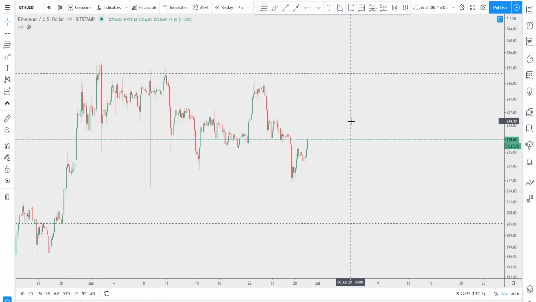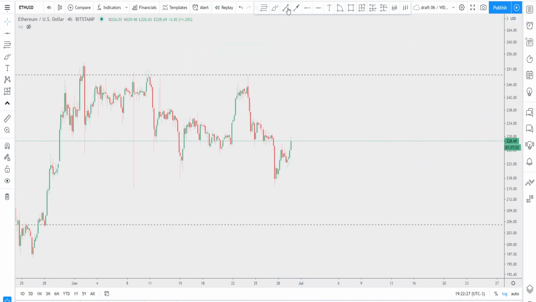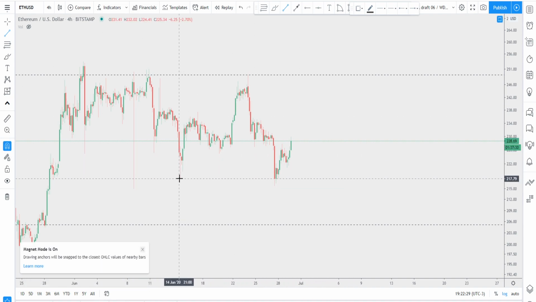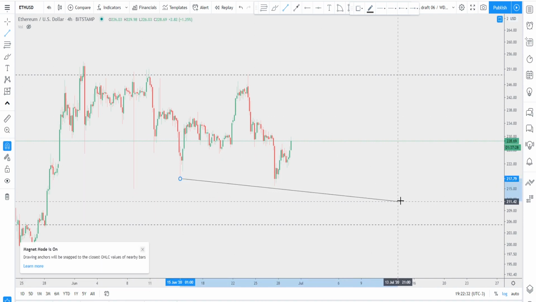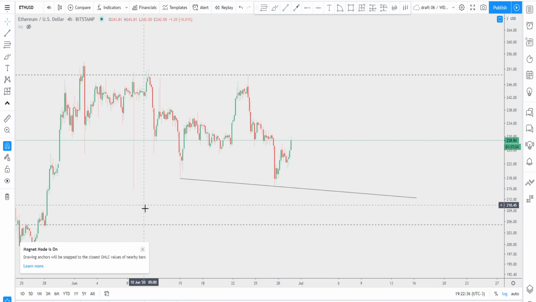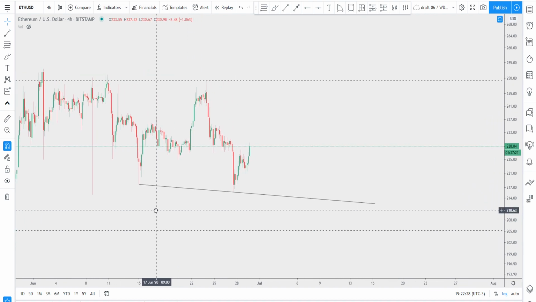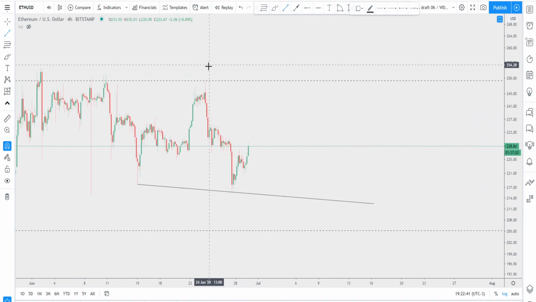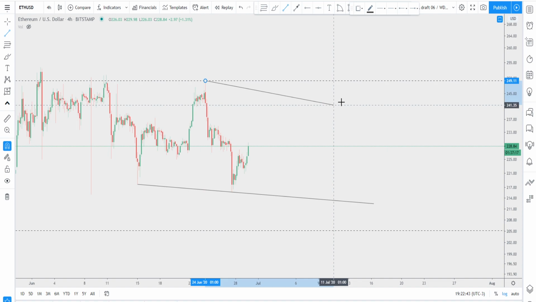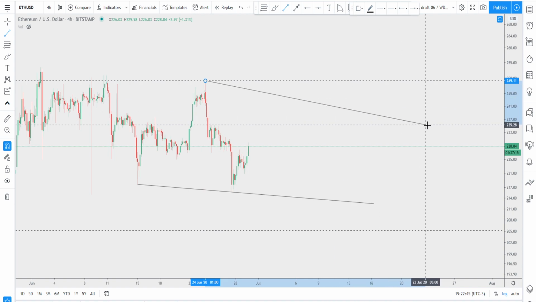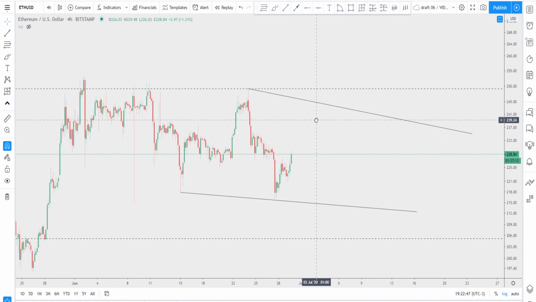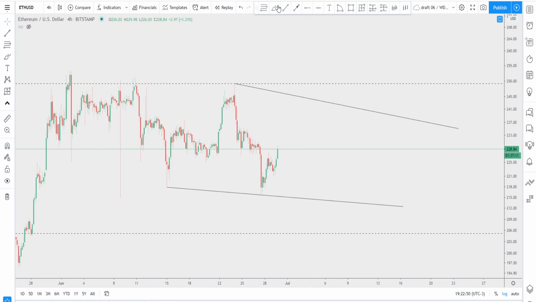So this structure right here, hold on. Okay, so this one, guys, it's a speculation. Why? Because we only have two occurrences for this kind of structure on the lower time frames.